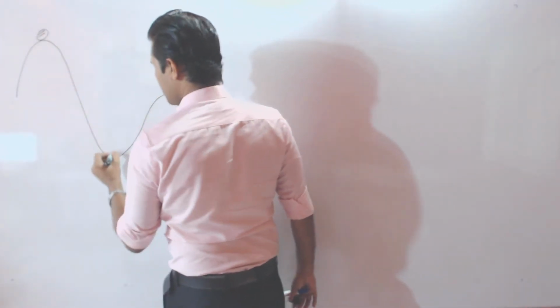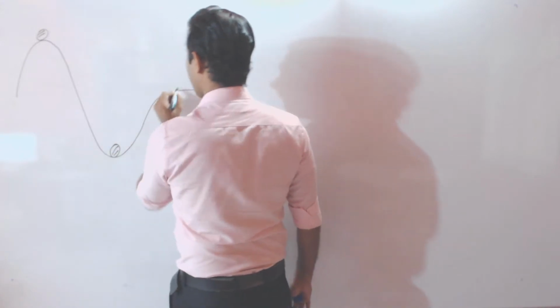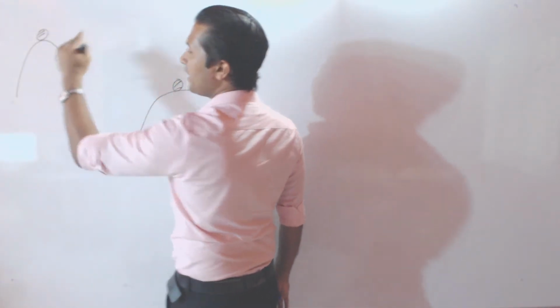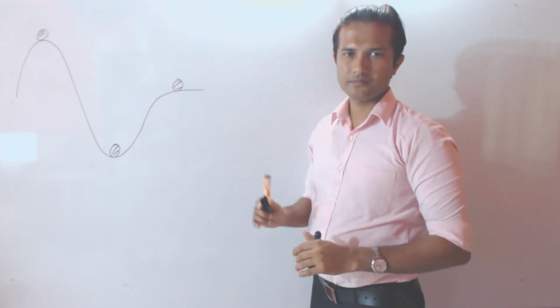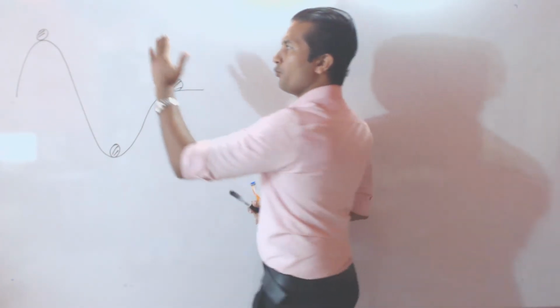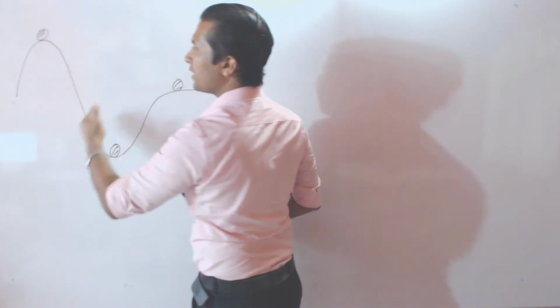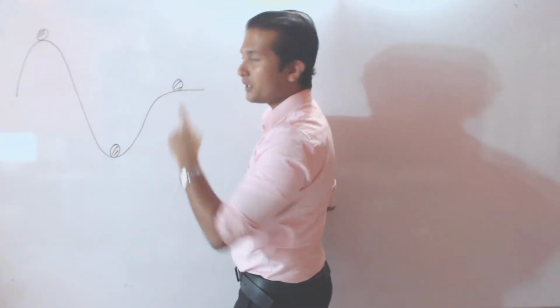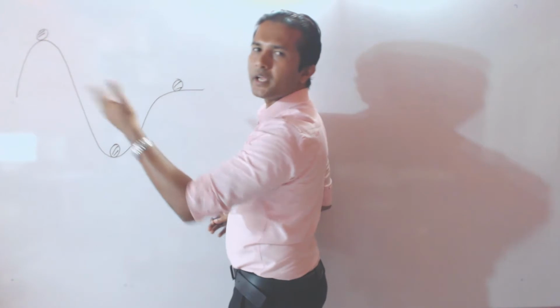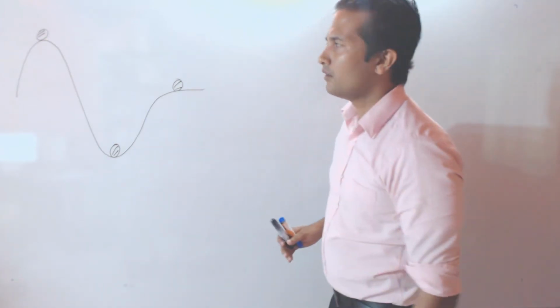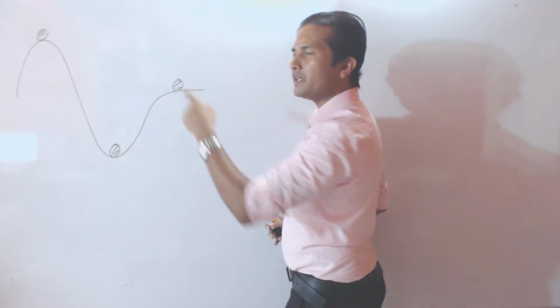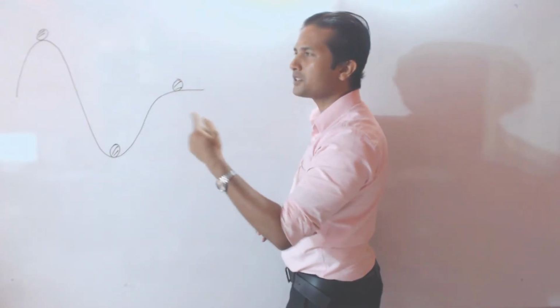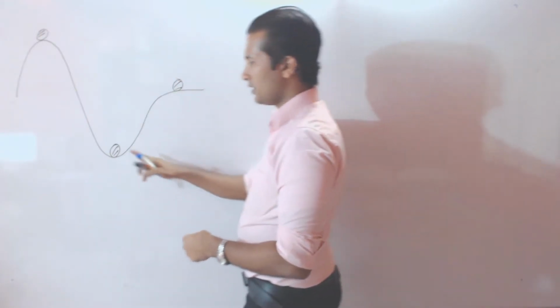So this can be named as unstable equilibrium, which means when you give some small displacement, what happens? It gets unstable. It falls, which means the initial equilibrium is unstable.